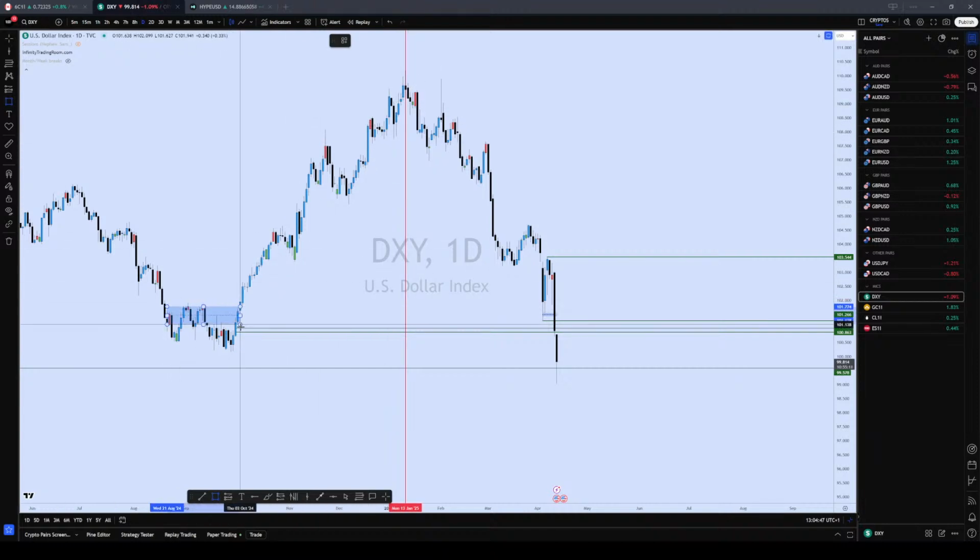where this is the original consolidation. This is an area of accumulation, and that is an area of accumulation.